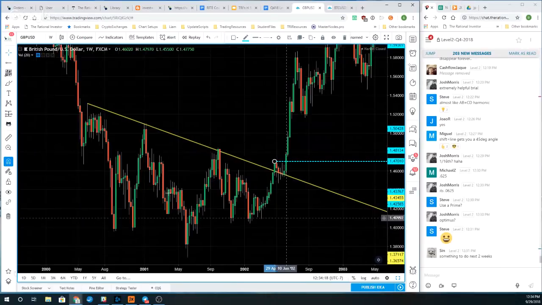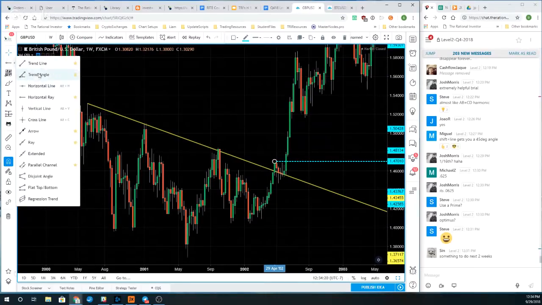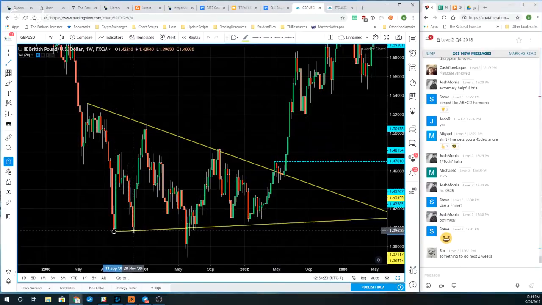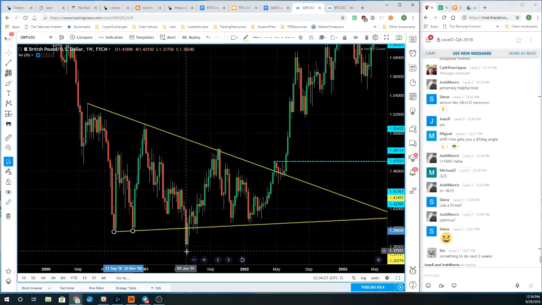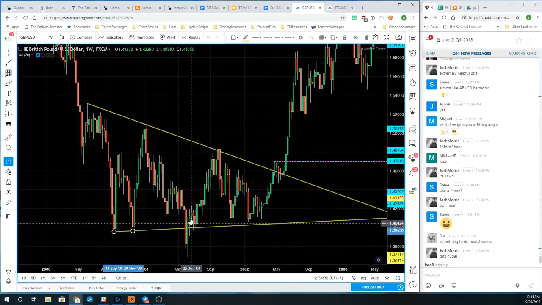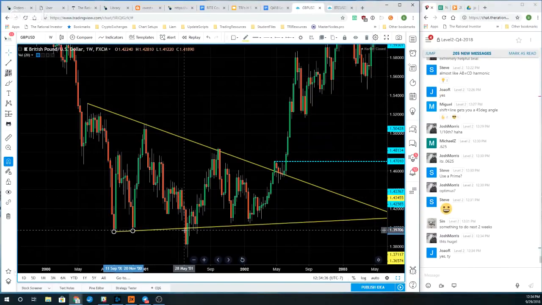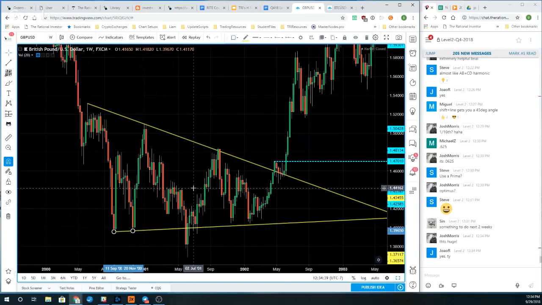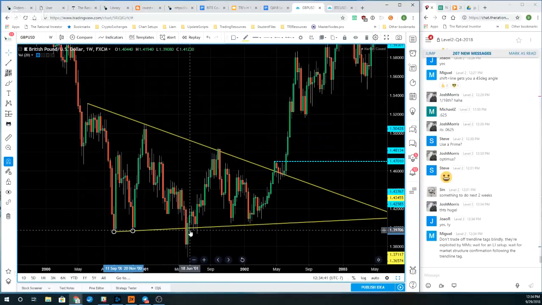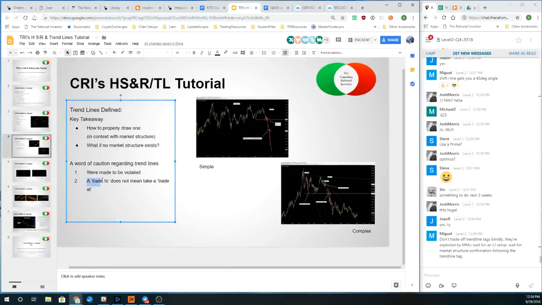In fact, look at this one right here, right? If somebody was trading this trend line, they'd be like, oh, that's an awesome trend line right there, right? Well, you can see the market actually went zipping beyond it. Yes, it was a very important level, but if you just traded that blindly, oh boy, you had some trouble there. Yes, important level, but the simple rule, guys, is a trade to does not mean a trade at.